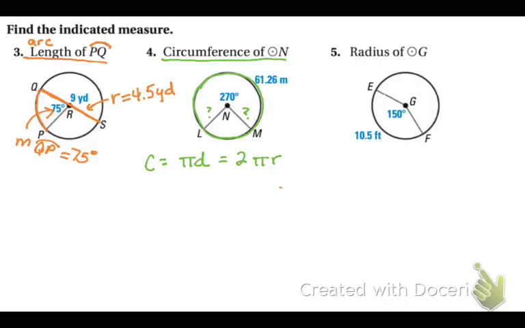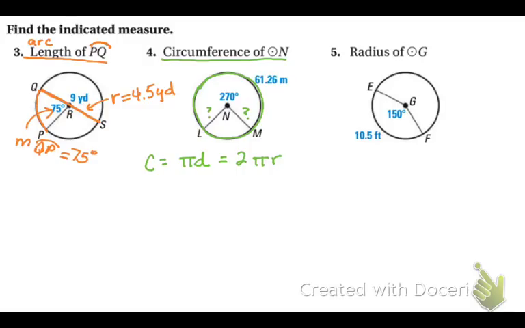Okay, this one is going to get a little complex. So hang in there, and you know how to do it. You just need to put the pieces together. So we know our formula for circumference, okay? But the problem is we don't have our radius, and so we can't use that formula for circumference. So we have to figure out what r is.